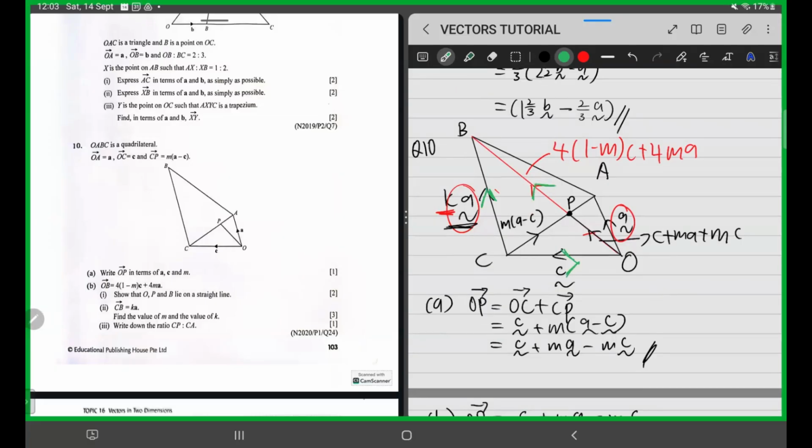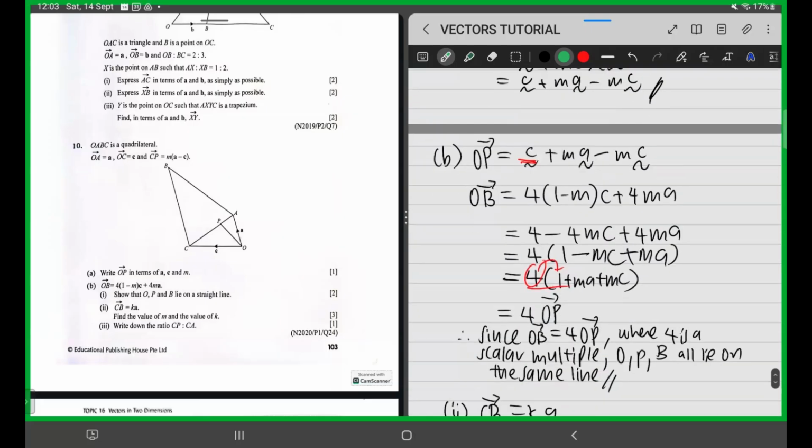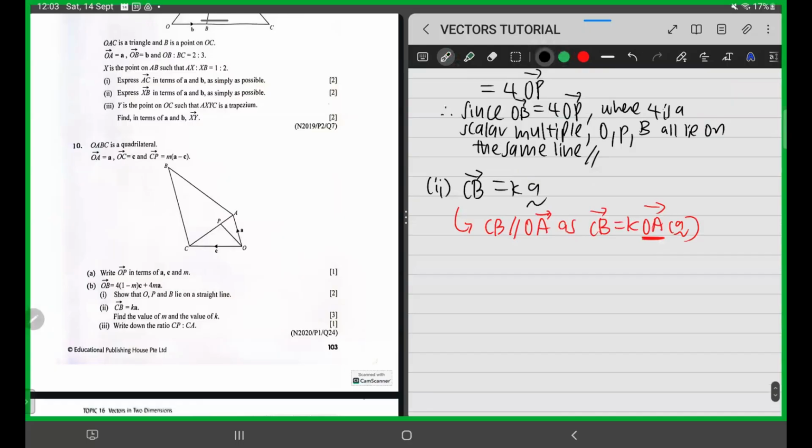Because what gives us this clue is that in the previous part, we showed that O, P, B all lie on the same line. So we derived the equation of OB previously. So we can think in this direction since we know the equation of OB now. So you want to walk from C to B, you can walk from C to O and then O to B, which essentially is just negative OC plus OB, which is just your subtraction of vectors.